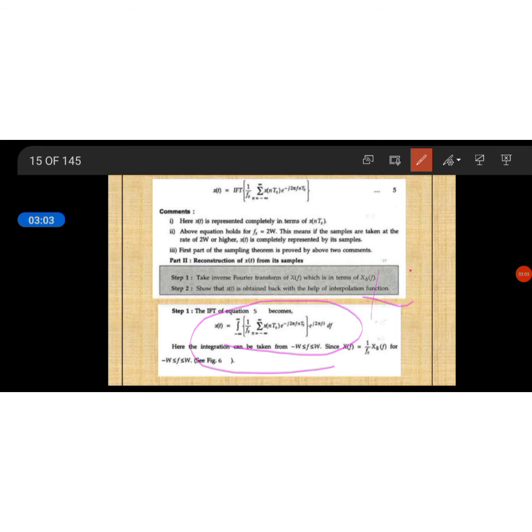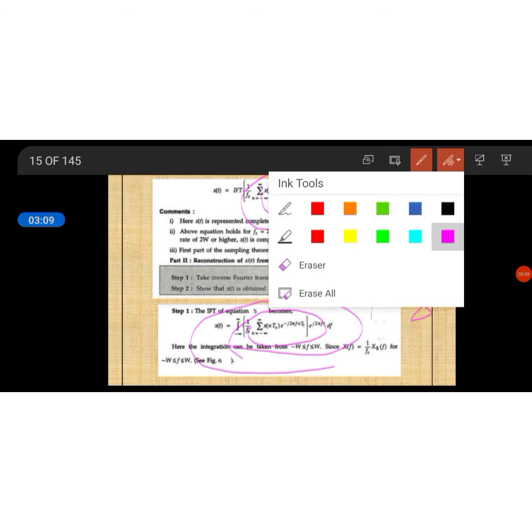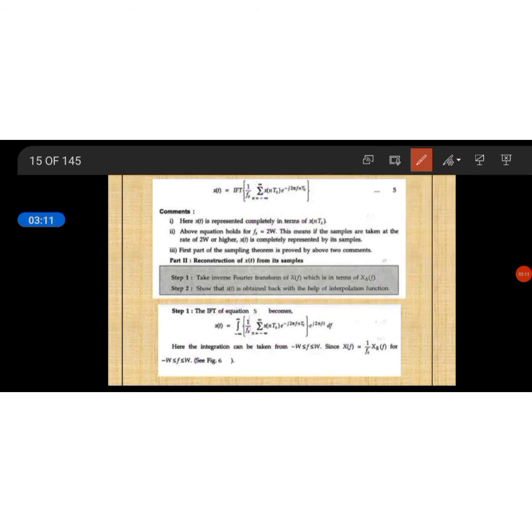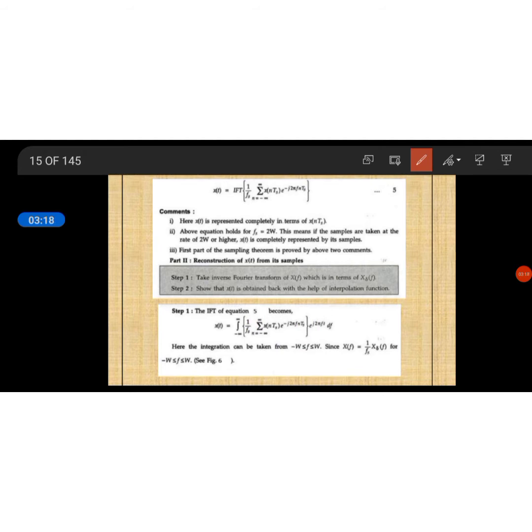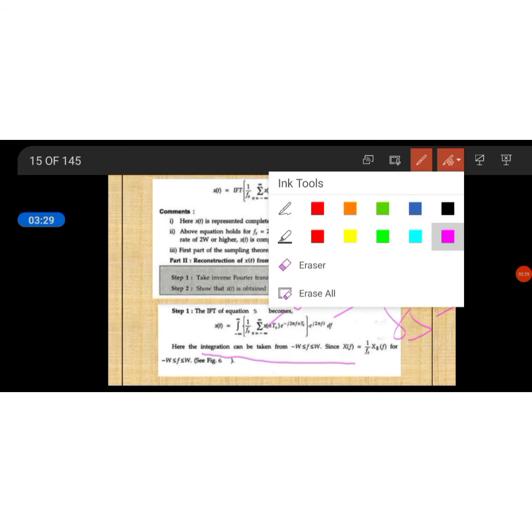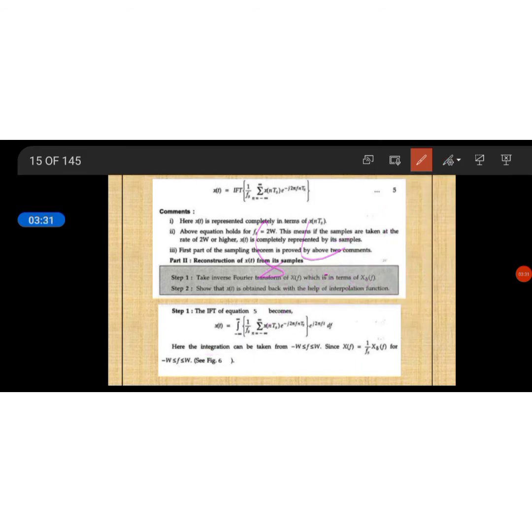Here, instead of X of f, you have to put this equation. I have substituted it here: 1 by fs x of nTs e power minus j 2 pi f nTs. Here the integration is taken from f equal to minus omega to plus omega, because the sampling rate we have taken here is 2 omega and f varies from minus omega to plus omega.